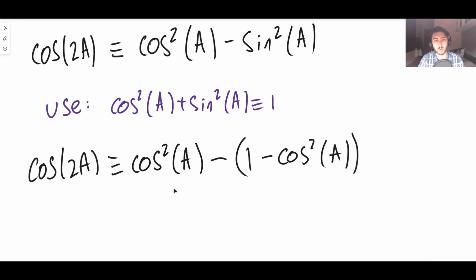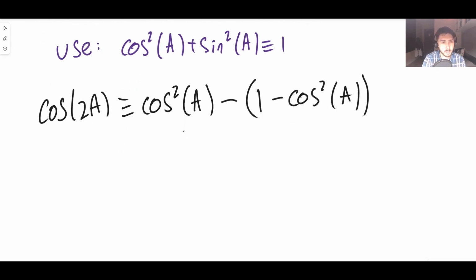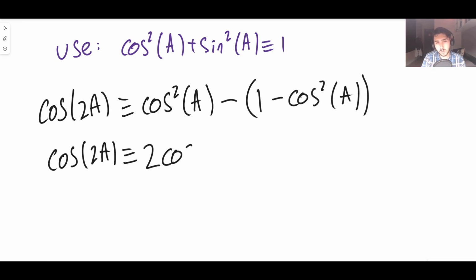And from here, you can see that cos 2A is identical to cos squared A minus 1, plus another cos squared A, because there's a minus and a minus there. So we end up with 2 cos squared A minus 1.